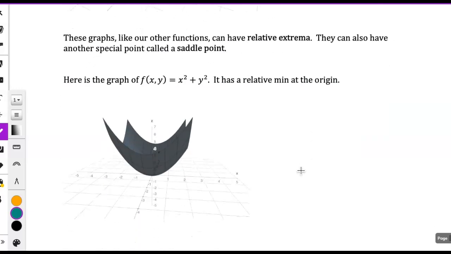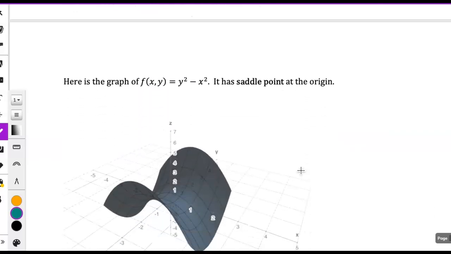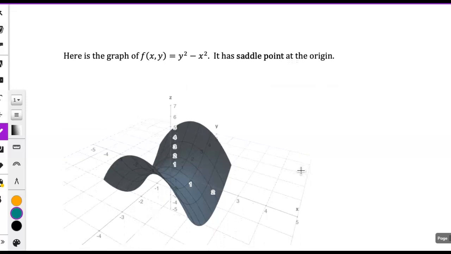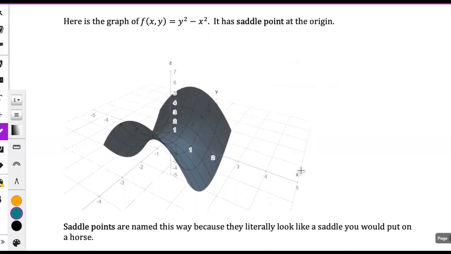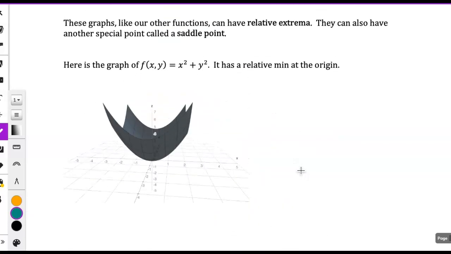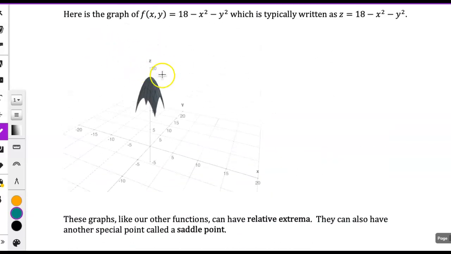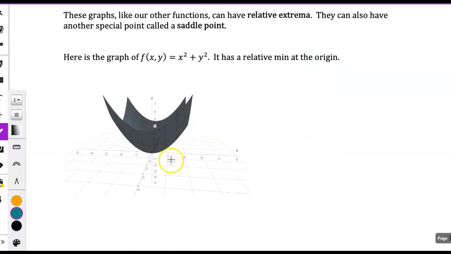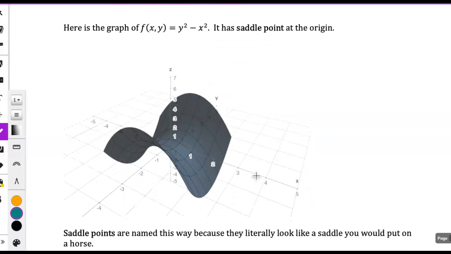What I want to show you is that we're going to be taking derivatives of this. I showed them a couple of different graphs, and we can talk about this more later because you don't have to find these points yet. But these functions have relative maxes, relative mins, like that guy right there, and they also have what are called saddle points.